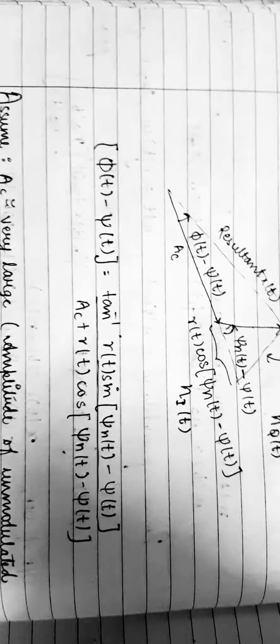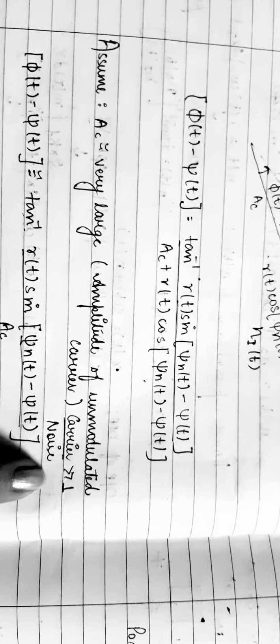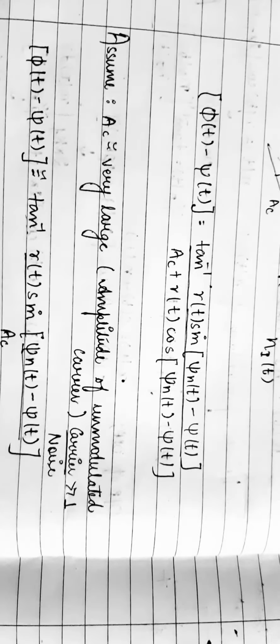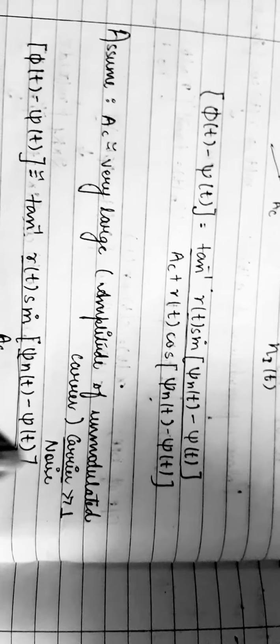Now for the sake of simplicity, if we assume that Ac is very large, that is the denominator term is very large, so we can say that the amplitude of the unmodulated carrier upon noise, that is carrier upon noise, is greater than 1. So r(t) sin(φn(t) minus φ(t)) will be very small, that is the fraction.